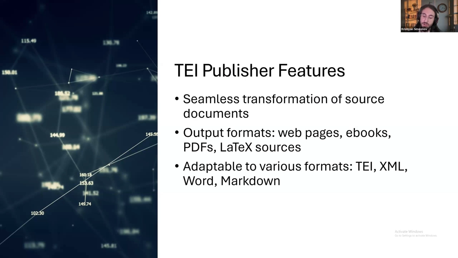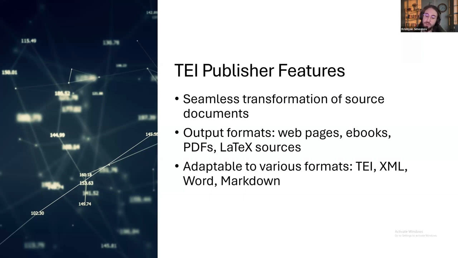TEI Publisher derives its name from TEI and the TEI processing model, PM. It defines how a TEI document should be rendered in different output formats and lies at the heart of TEI Publisher. However, online editions require more than just a text transformation.